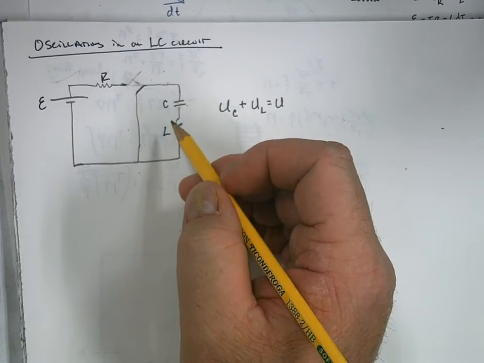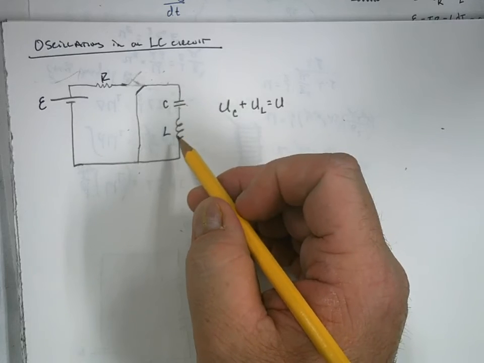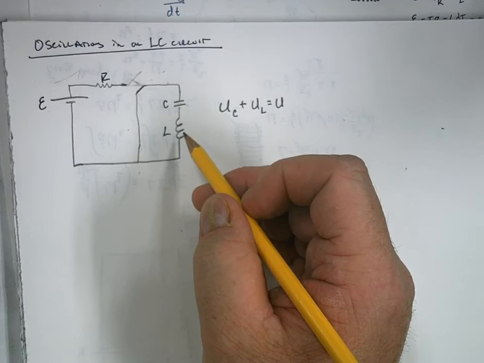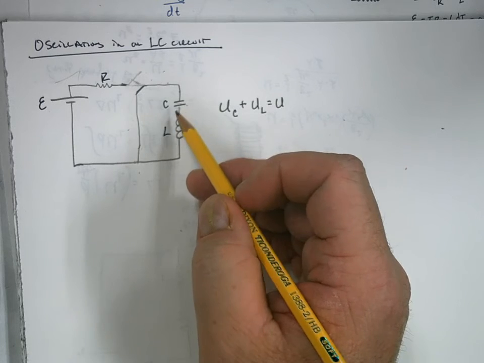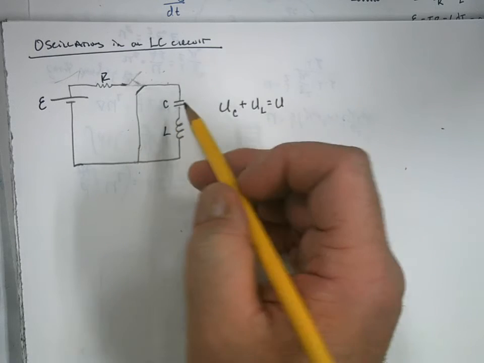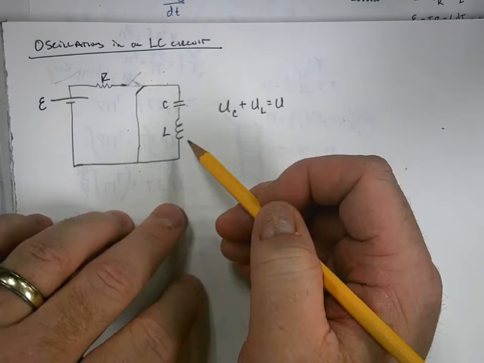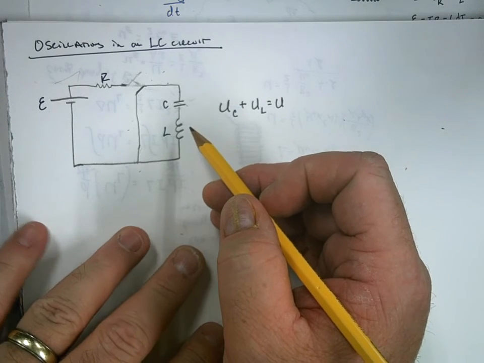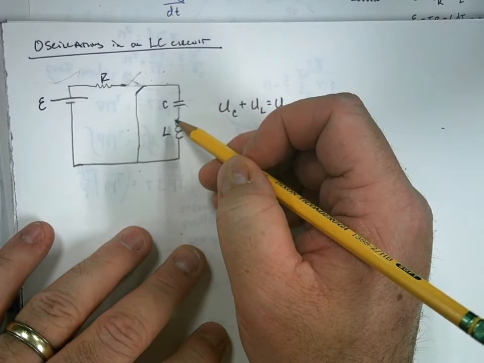Okay, so as the capacitor discharges, it starts to create a magnetic field in the inductor, but the inductor doesn't like a change in current. So the current is changing. This wants it to stay the same. No matter what the current is, it just wants it to stay the same. Don't change the current until this capacitor completely discharges.